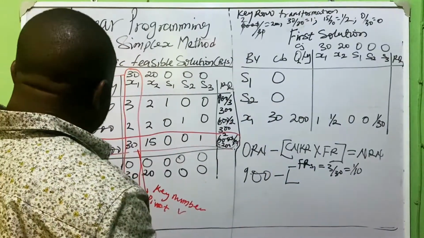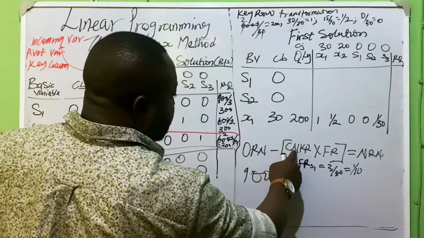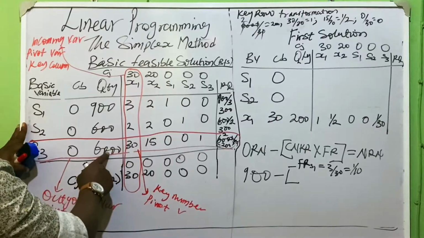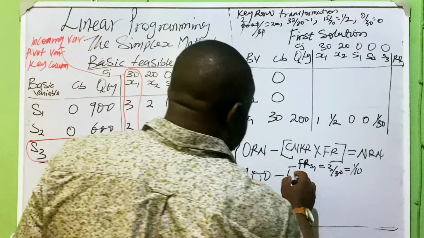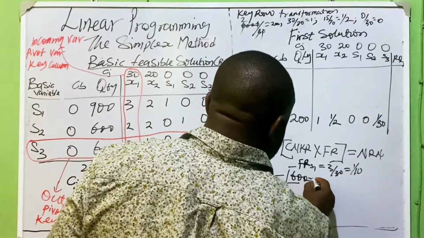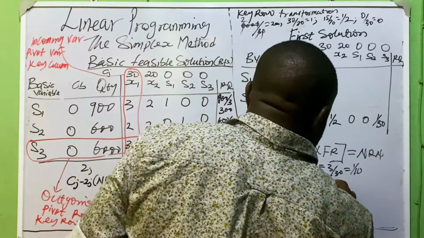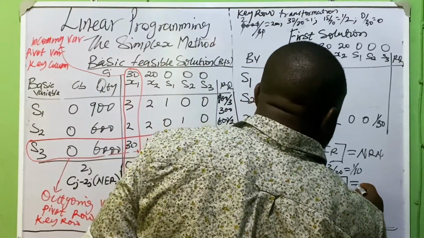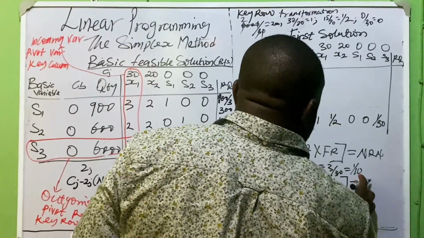The number that corresponds to 900 in the key row is 6,000. So we have 6,000 multiplied by the fixed ratio that we have determined to be 1/10. This will give me the new row number, which is going to replace it.